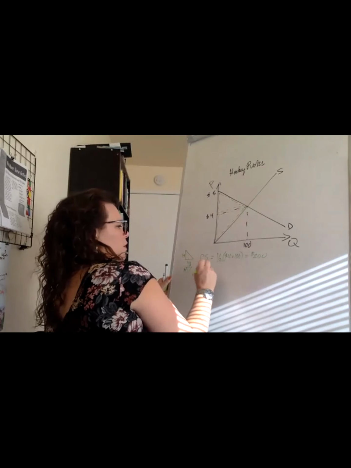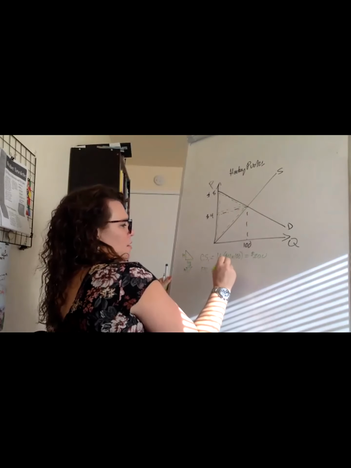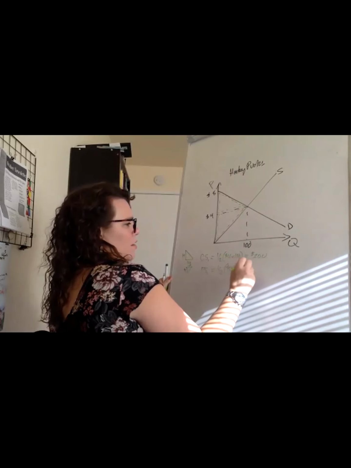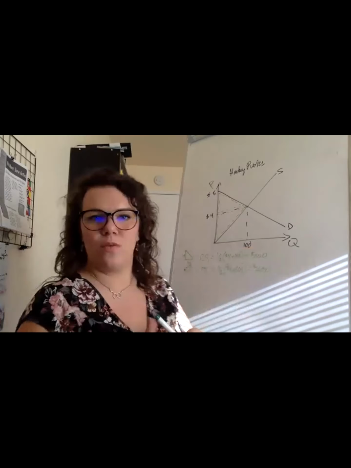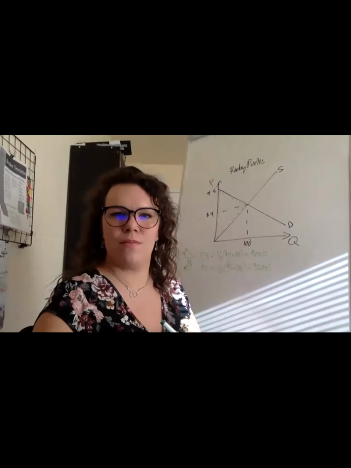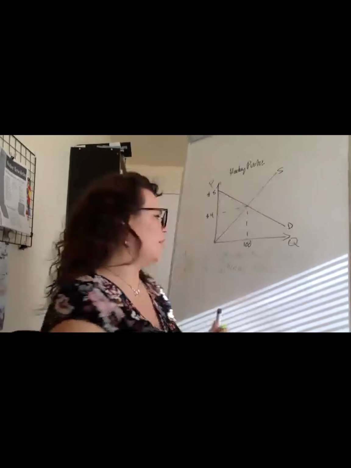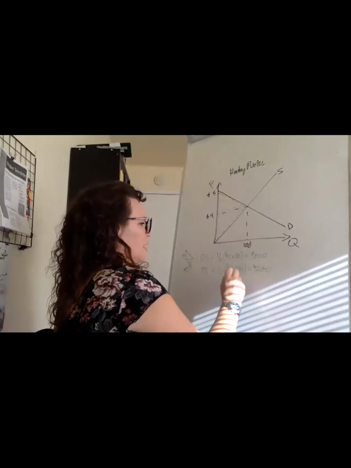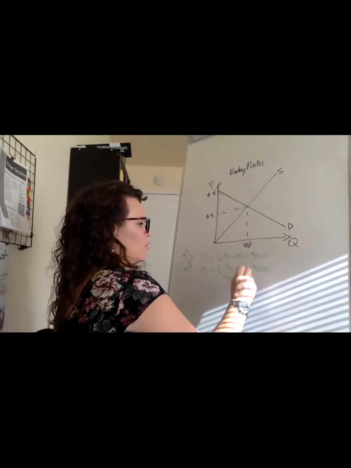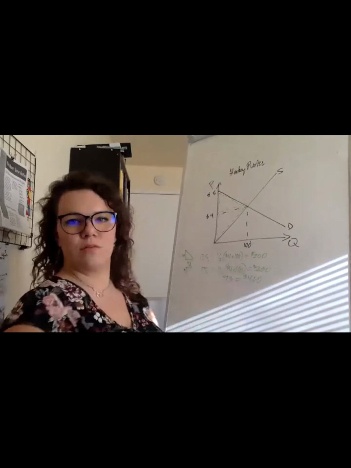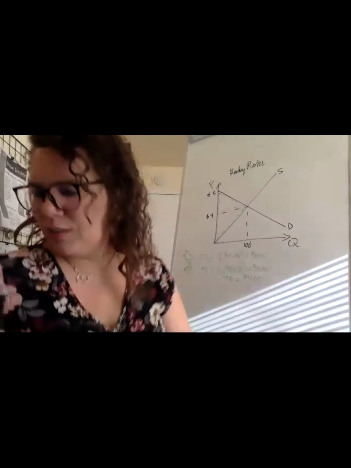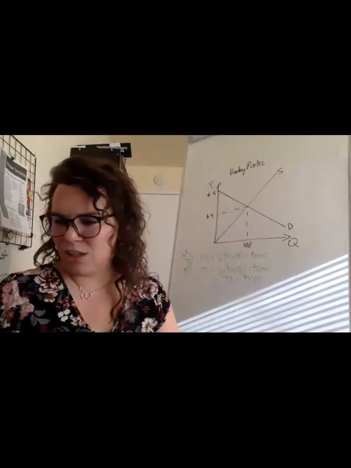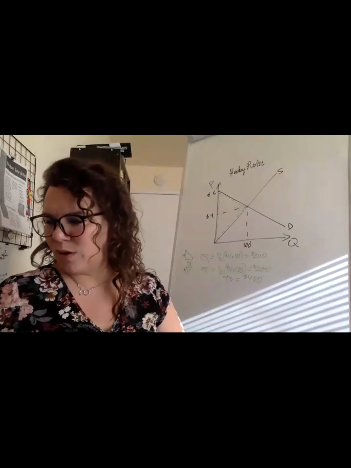So producer surplus is 1/2 times $4 times 100 equals $200. Total welfare, or total surplus, is 200 plus 200, or $400. So far, so good?